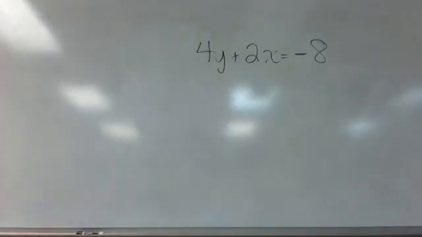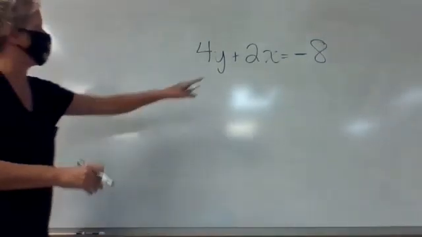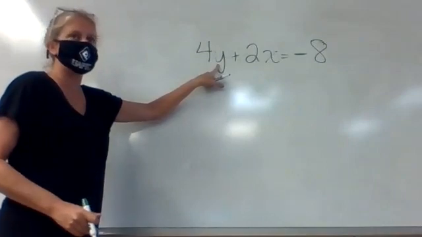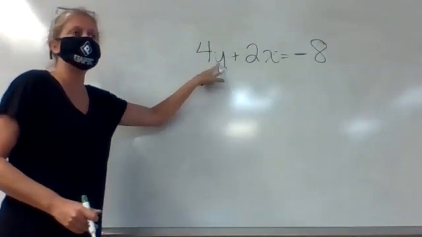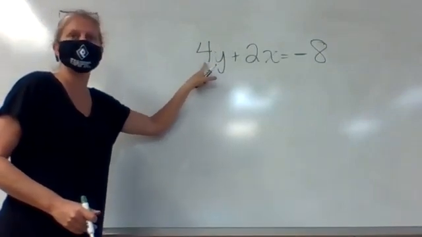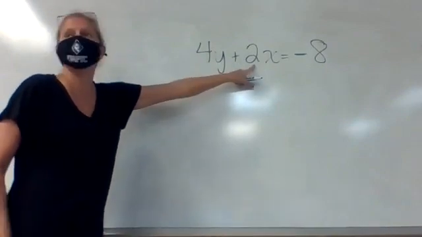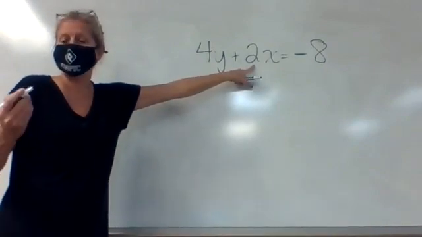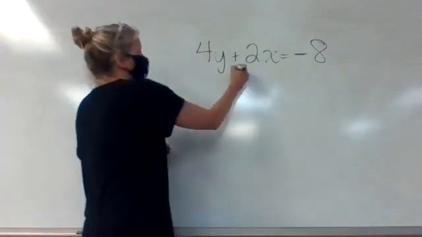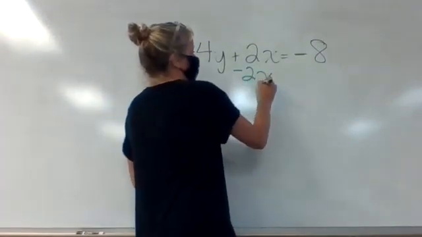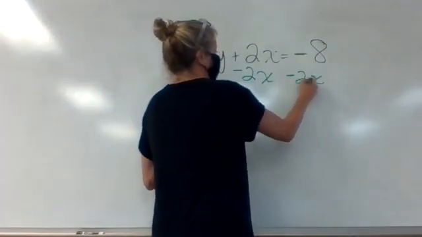So what we need to do first is get this y by itself. Remember doing this on Monday. The hooked on number goes away absolutely last. So I need to get rid of this plus 2x. To get rid of adding 2x, I'm going to knock it out with a minus 2x on both sides.